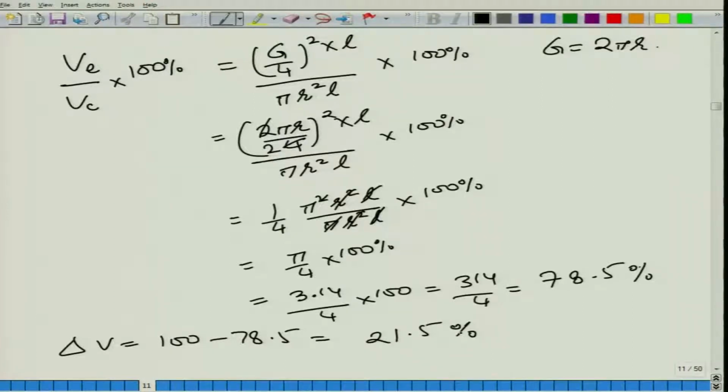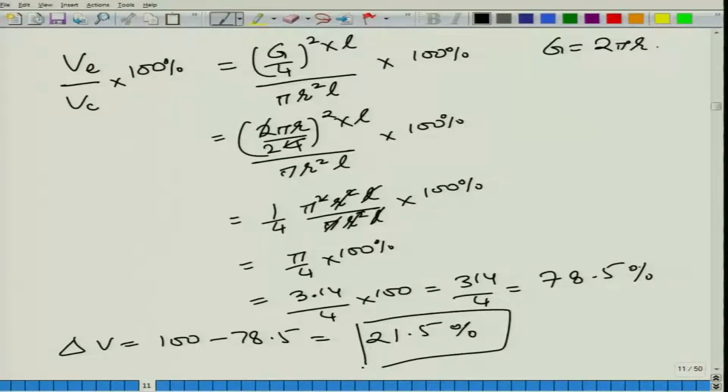That is the difference between the volumes computed using the quarter girth formula and the actual formula. So, if we have so much of an error of 21.5%, what is the significance of using this quarter girth formula? Let us have a look at that.